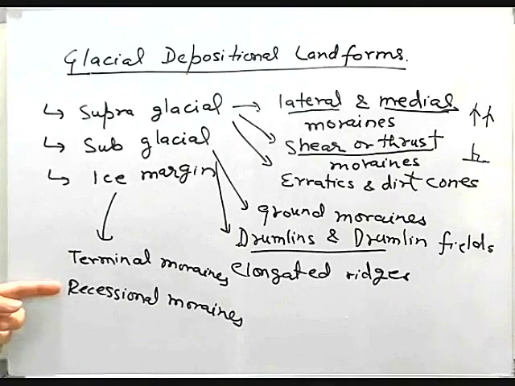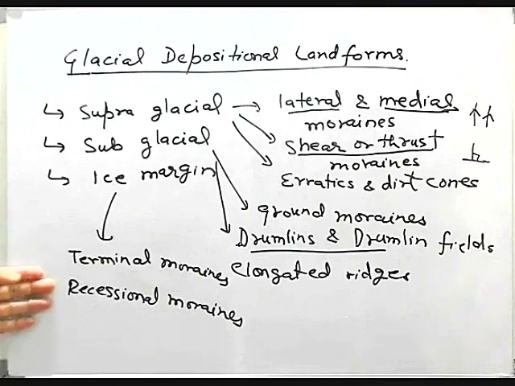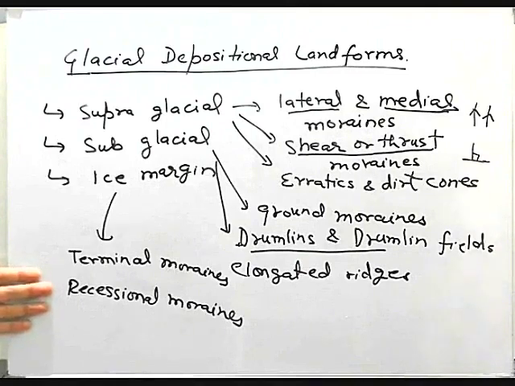Recessional moraines are found behind the terminal moraines. During the glacial recession, the snout became stabilized at one or two locations where these recessional moraines have formed. But the terminal and recessional moraines, especially the recessional moraines, their preservation may not be very good, because when the ice sheet or glacier advances during a phase of glacier advance, then these recessional moraines may be destroyed.